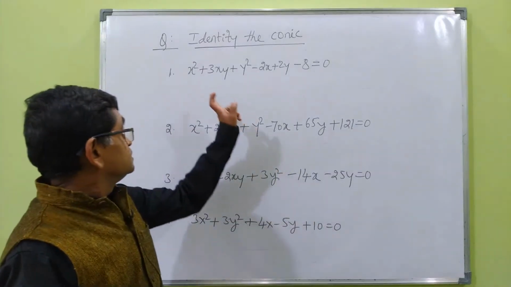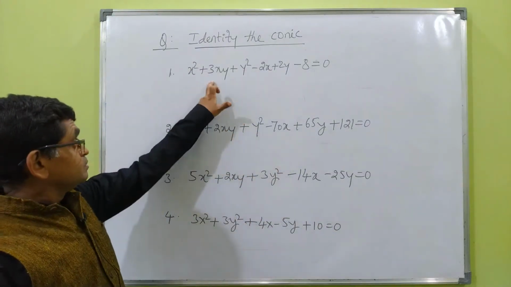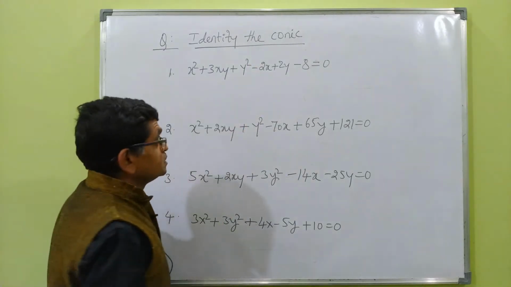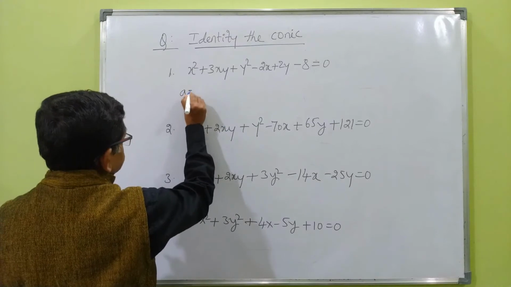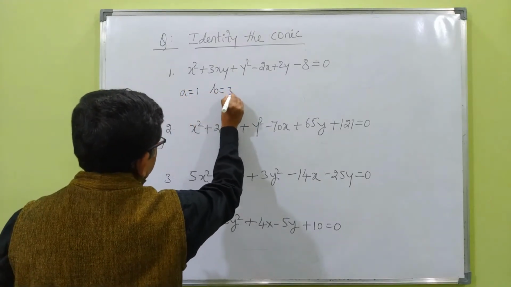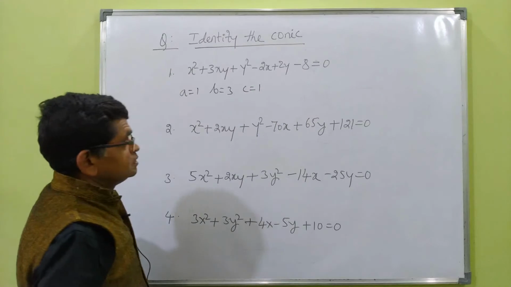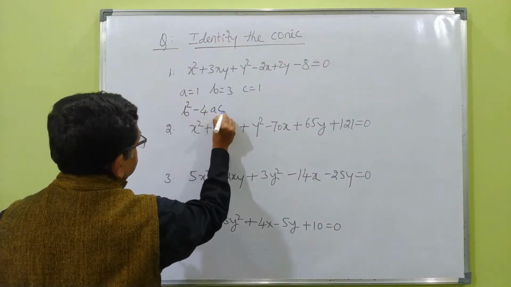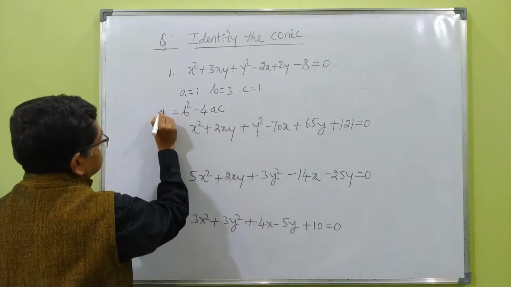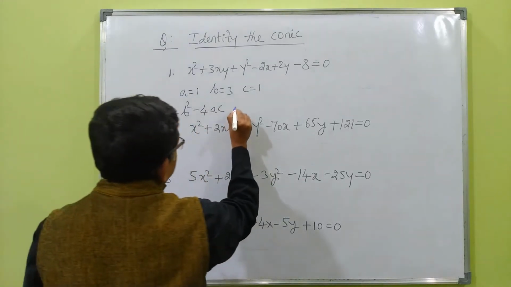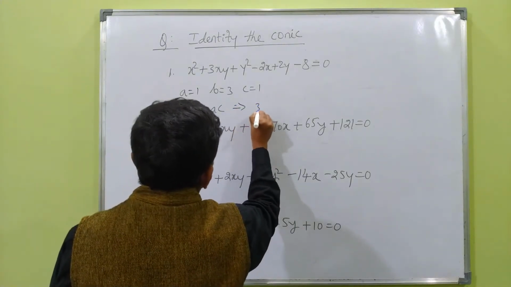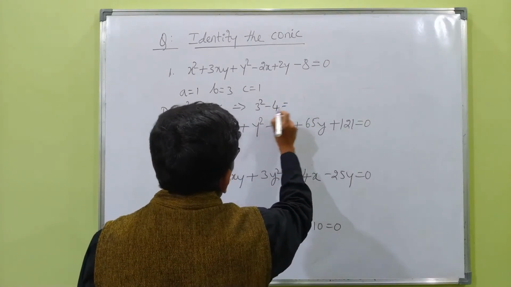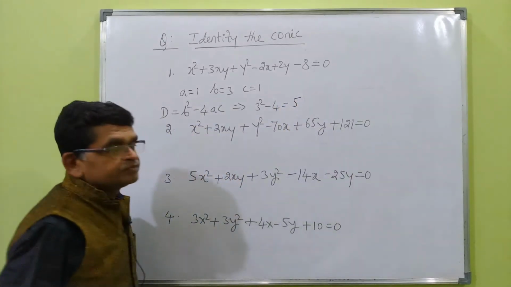Okay, let us consider a few examples. x squared plus 3xy plus y squared minus 2x. Here a is 1, b is 3, c is 1. b squared minus 4ac, that is the discriminant, is equal to 3 squared minus 4 into 1 into 1, that is 9 minus 4, which is 5.